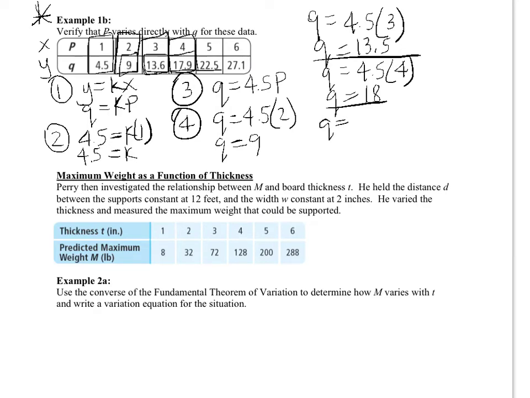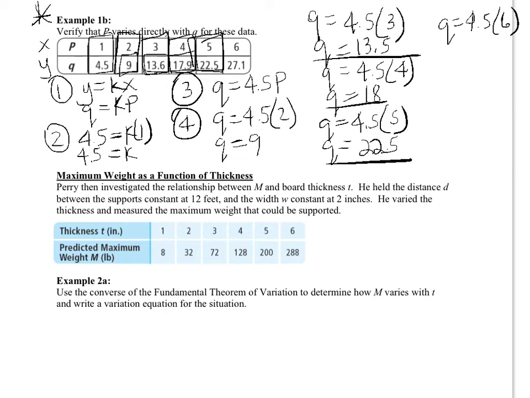And the next one, if P is 5, 4.5 times 5 is 22.5. And that's what we get for the next one and the last one. If P is 6, Q should be 27.1. 4.5 times 6 is 27, which is really close to 27.1. So it looks definitely that Q varies directly with P for this data.